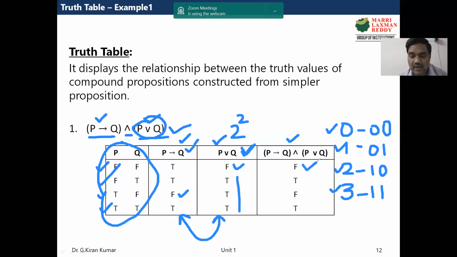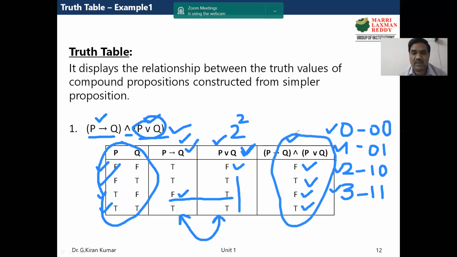We know that true and false is false. The second case is true and true, so it is true. The third case is false and true, which is false. And the fourth we got as true and true, which is true. So therefore, this is the final truth table. We needed to construct a truth table for (p implies q) and (p or q), so this is the final answer.